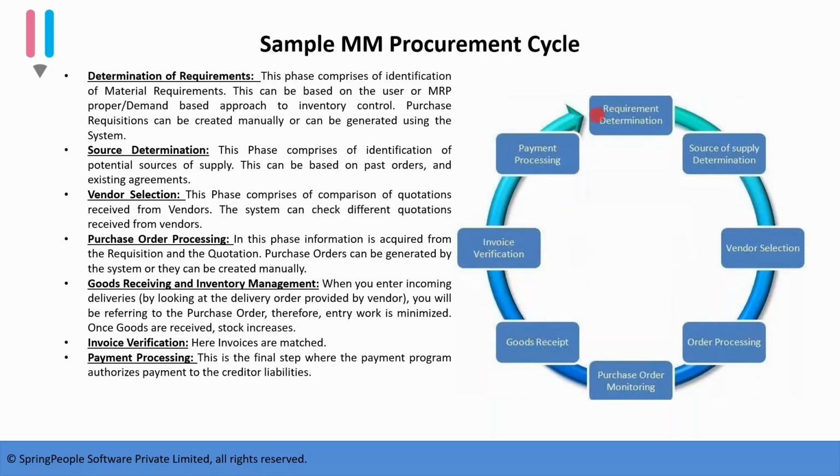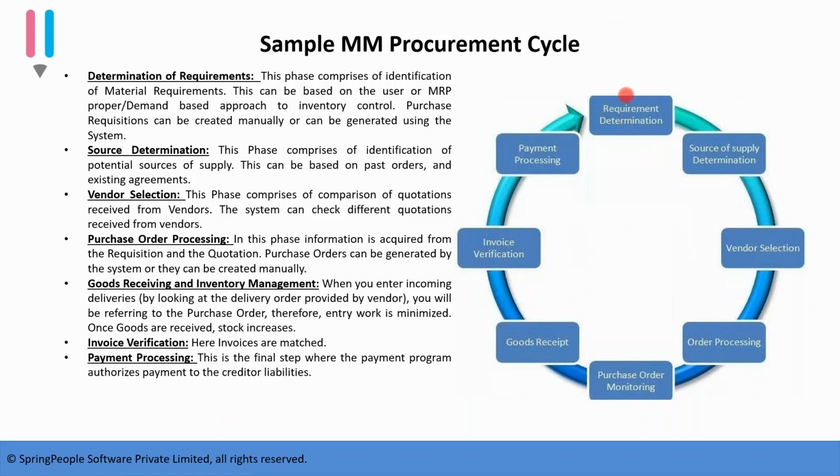Now out of this, this requirement determination, ideally or typically, should be created by the concerned department, because they know what to be procured, when to be procured, how much to be procured. We as a purchasing department, we don't know that. We know only how to buy, we don't know what to buy.